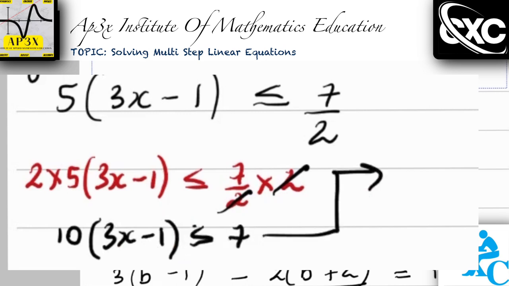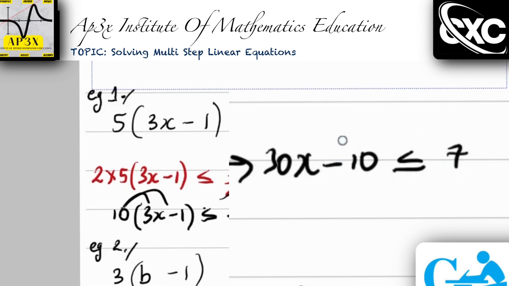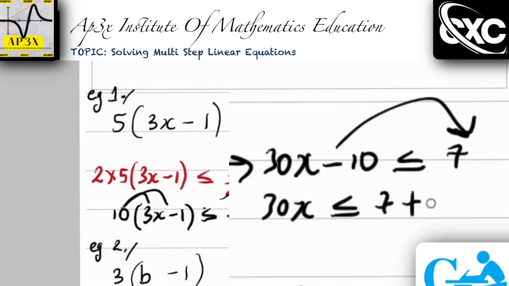So now we end up here with 10 times 3x is 30x, and do not forget to distribute the 10 on both terms. 10 times minus 1 is minus 10, and that is less than or equal to, say here, 7. Easily now bring the 10 over to that side, so that's 30x is less than or equal to 7 plus 10.